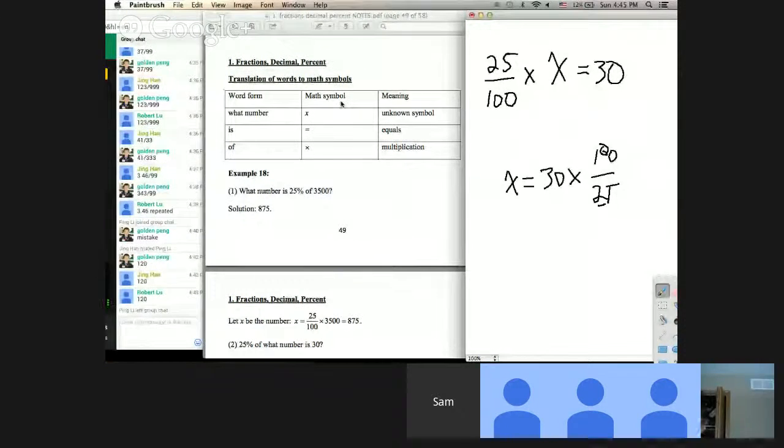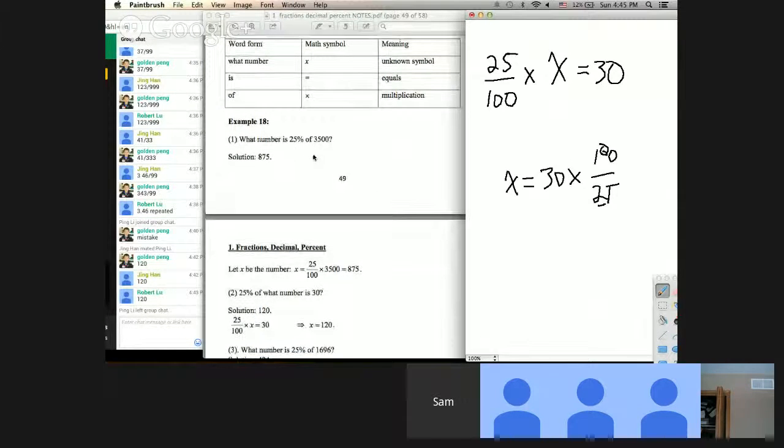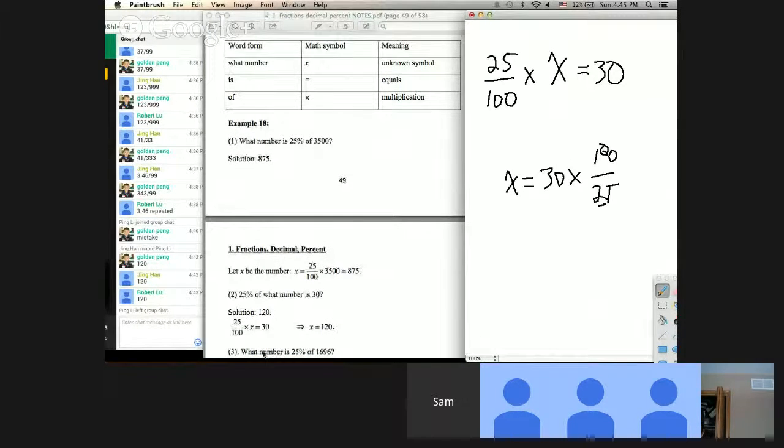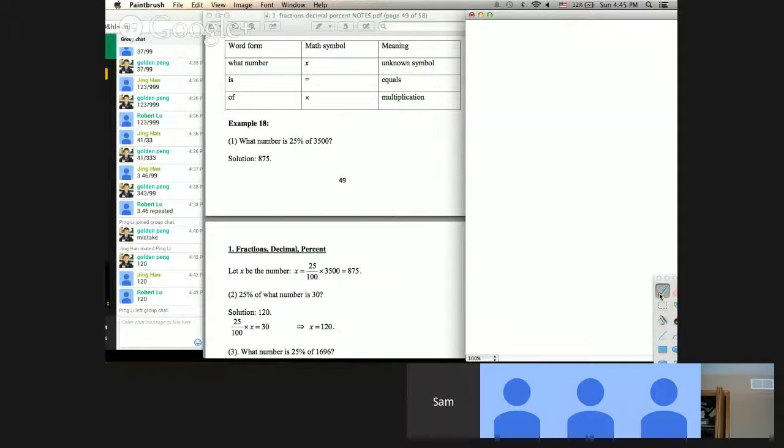So do your best to memorize this chart: what number is x, is means the equal sign, and of means the multiplication sign. Okay, so what number is 25% of 1696? Try that.